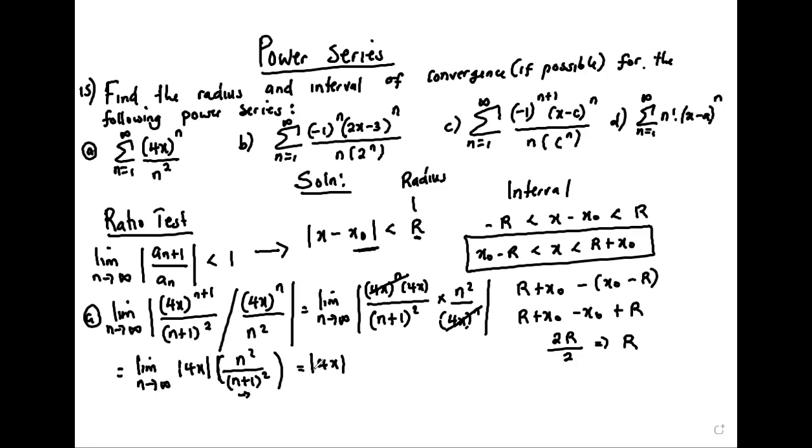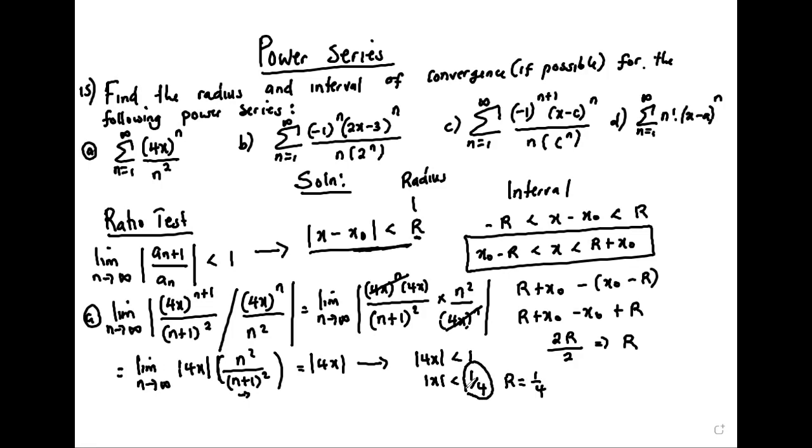Now we want this to be what? The ratio test says this can only converge if this is less than 1. Now we need to express it in that form. So the absolute value of x should be less than 1 over 4. So the radius is 1 over 4. When you reach here, this is your radius.